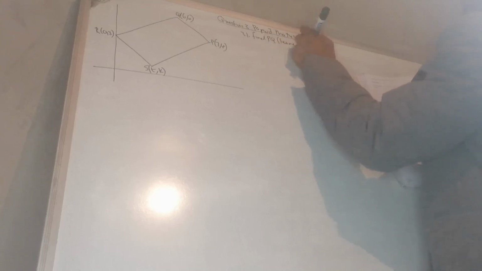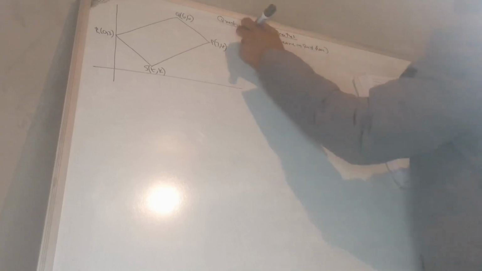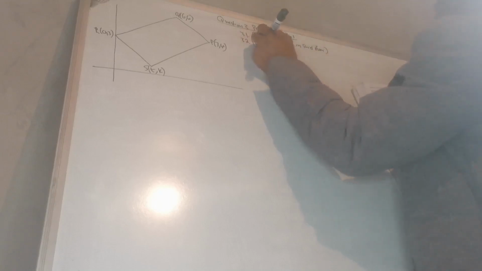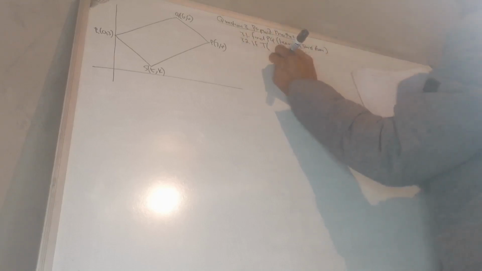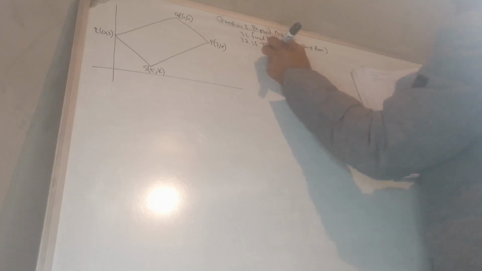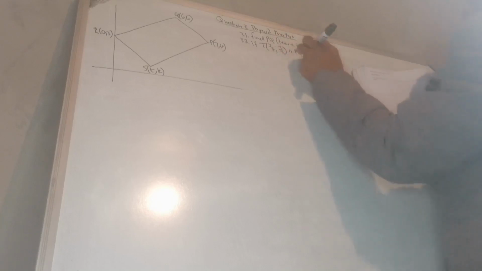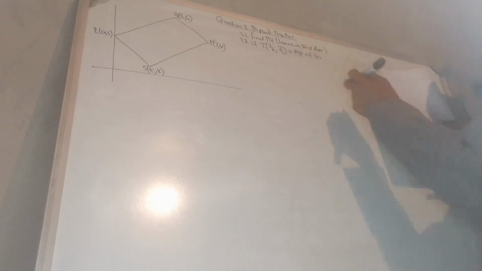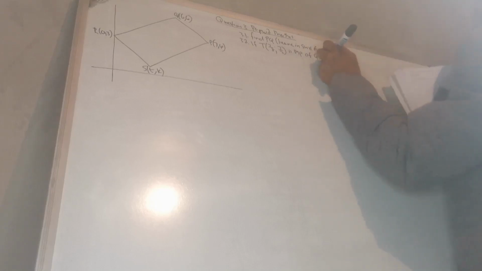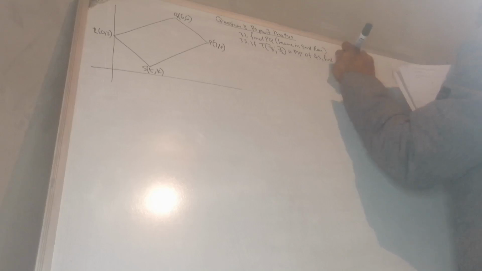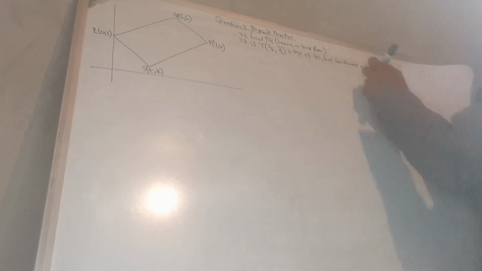Leave your answer in surd form. 3.2, if T with the coordinates (7, 5) is the midpoint of QS, find the coordinates of S.